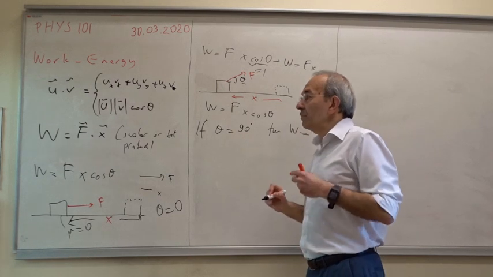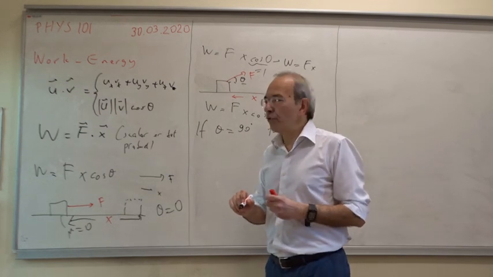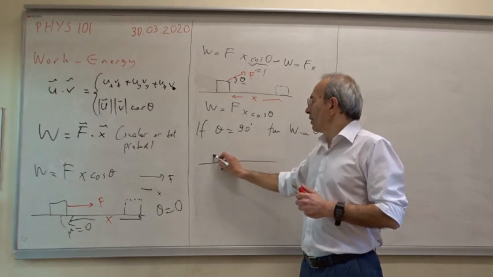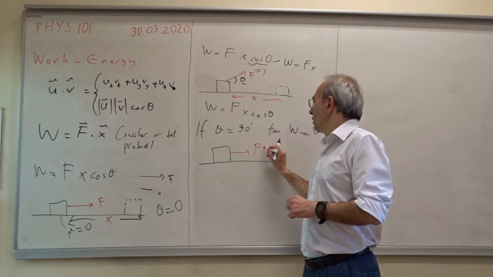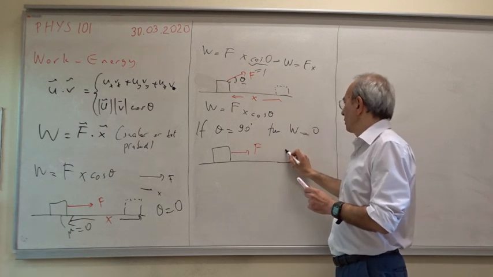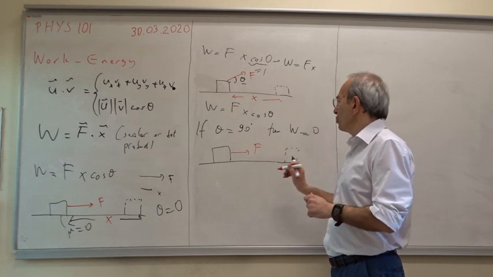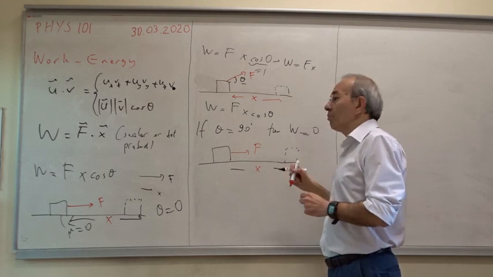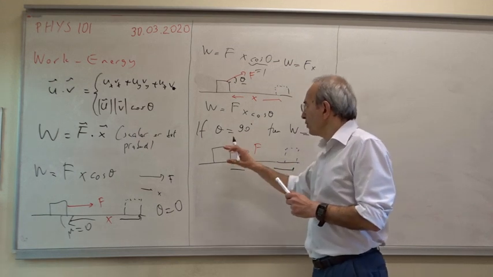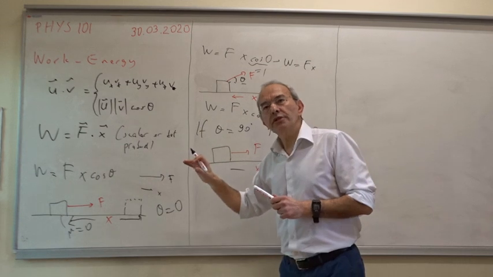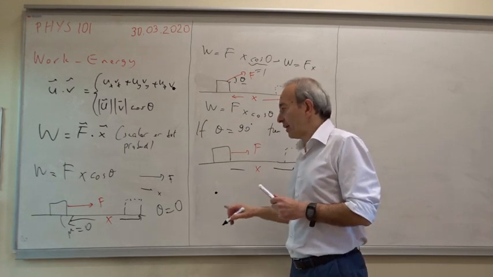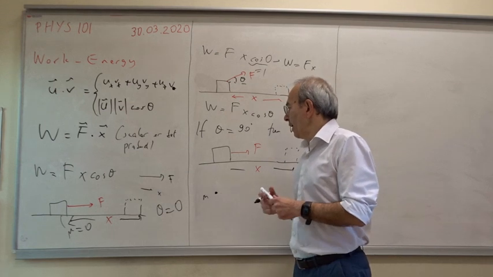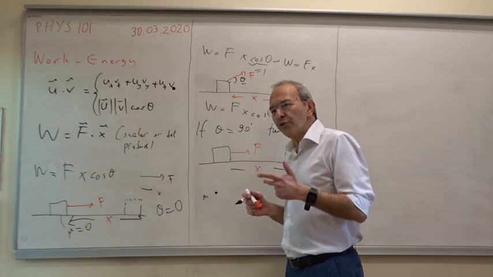In which cases? For example, when we bring the object to a new position x from the beginning, but during this motion, of course, this is the object, free body diagram, mass m, and there are three forces acting on it.